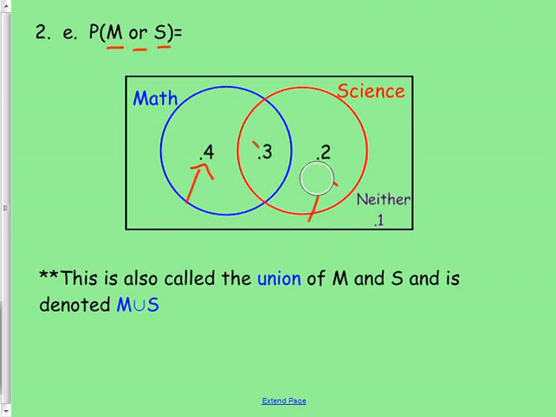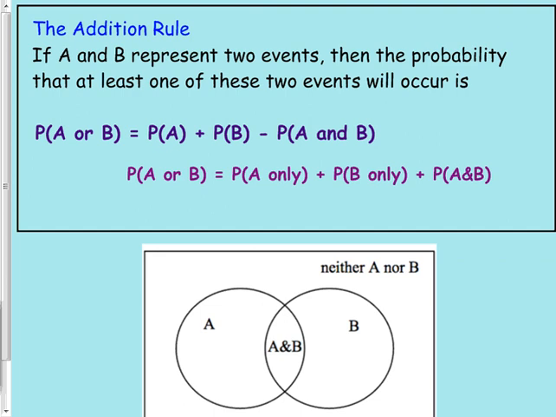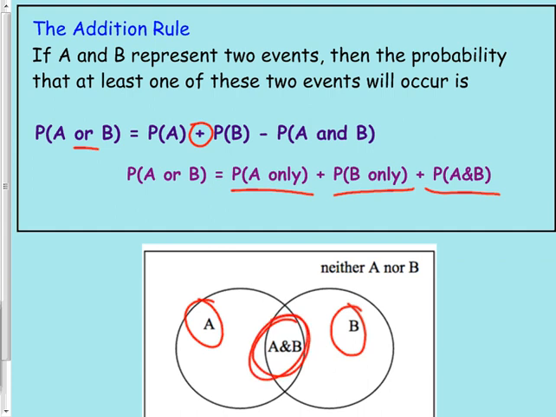You include them all. Okay, so I think we've covered pretty much everything you need to know. This is the official name for this. If they say or, you add them. Okay? Now, what they're doing is probability of A or, this is probability of A only, which is like this, B only, which is like this, and A and B all together. So basically, it's saying in a math way that or means you add up all three parts.